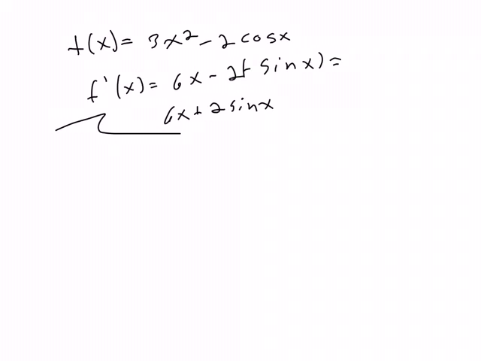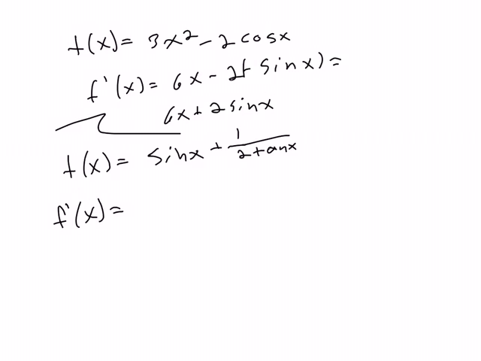So for the next problem, we have f of x is equal to sine x plus a half cotangent. I'm always going to do everything in terms of either sine, cosine, or tangent, and just write down the definitions for this. I'm not actually going to use the derivatives for cotangent, for example, because I think it's better to just remember three of the functions, sine, cosine, and tangent, and then just use the definitions.